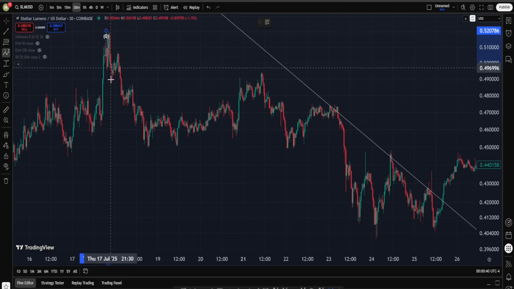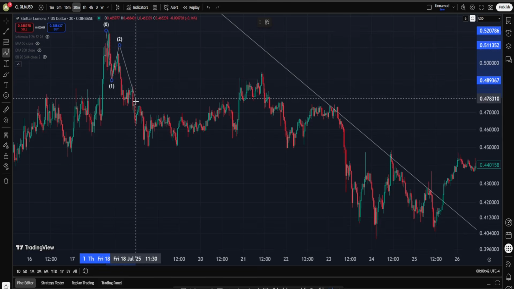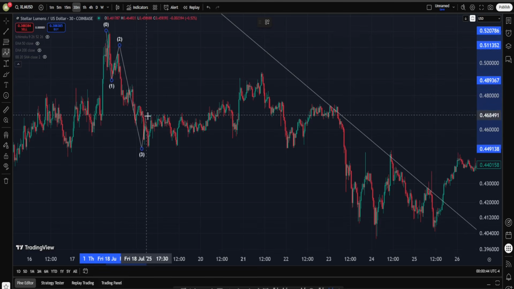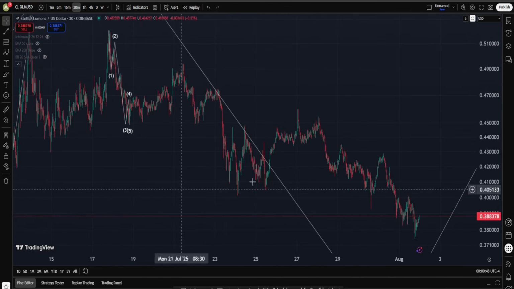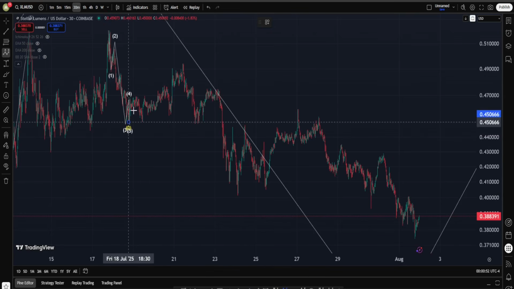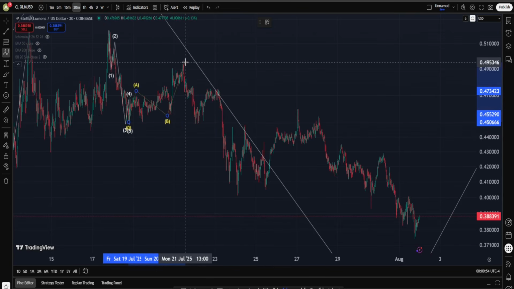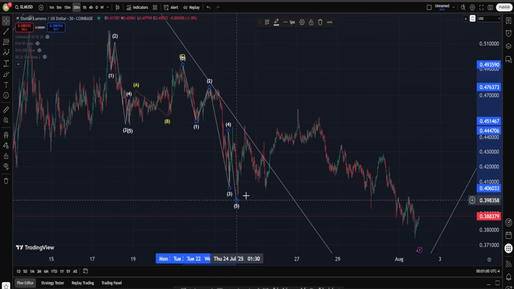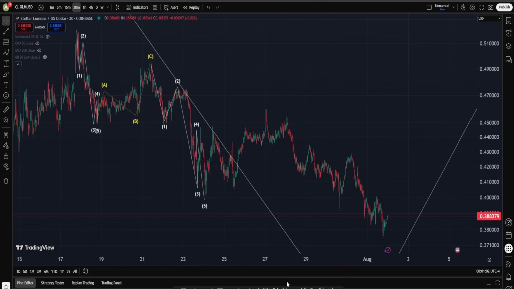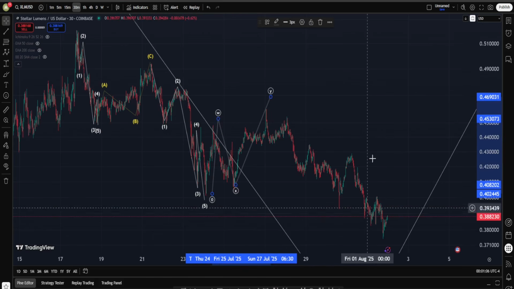I think this is a 1, this is a 2. 2 about here can be 5 down into wave 3, correction for 4, another move down into wave 5. Followed by that, probably, yes, this is going to be an A, correction for wave B, another move up into C, and then a rather good looking 1 2 3 4 5 wave down, correction up. This time, I believe a WXY in form of a double zigzag.